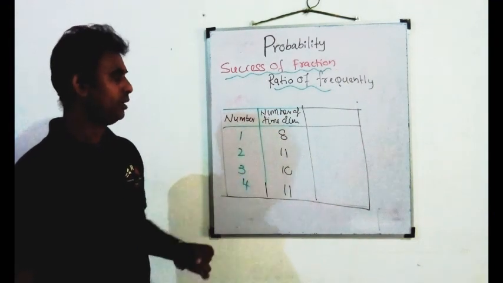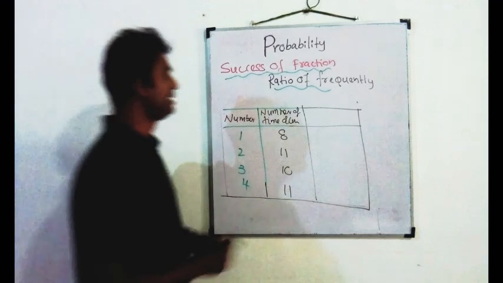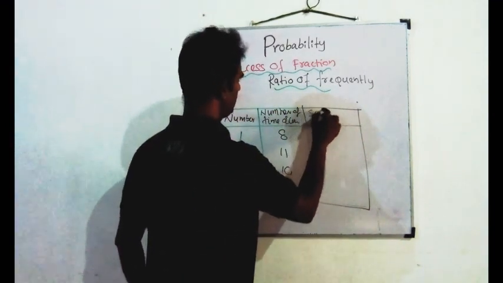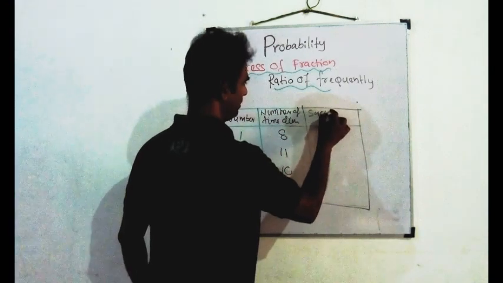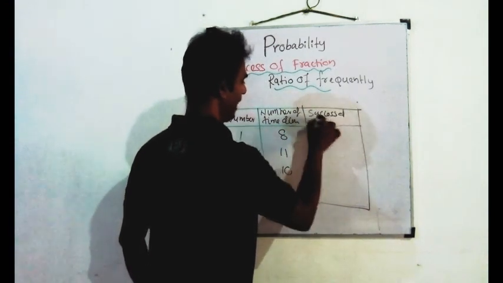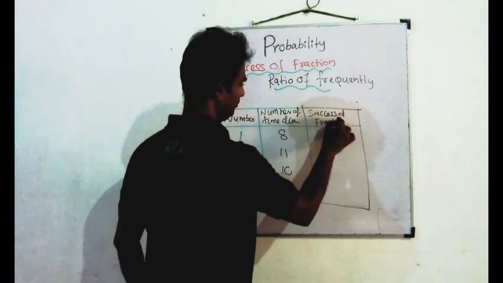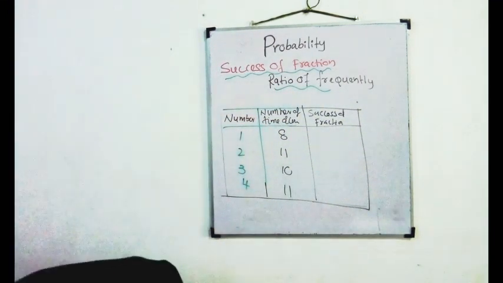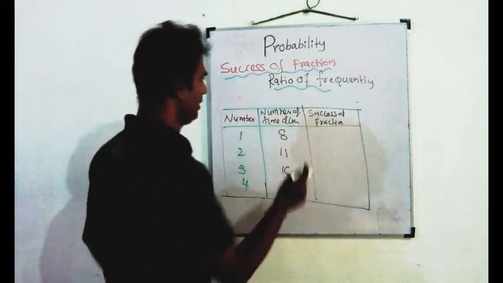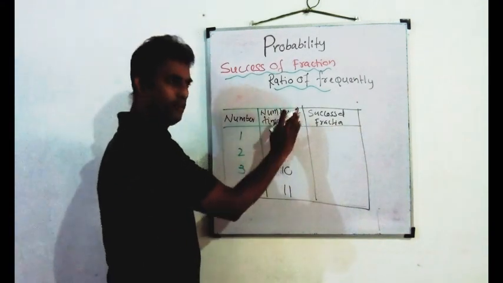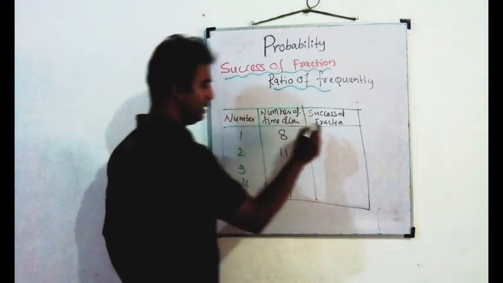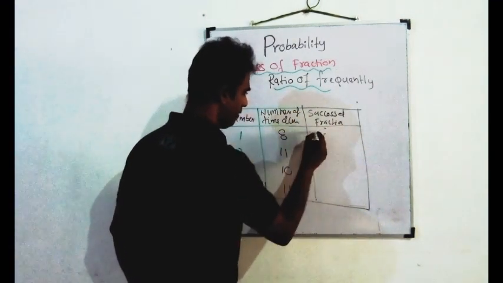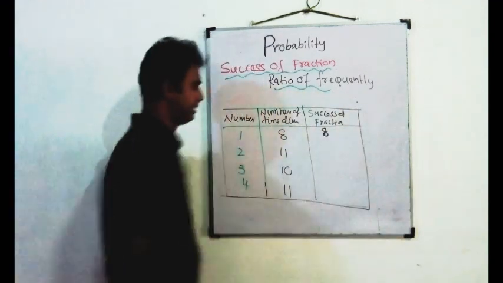Next, we want to find the ratio of frequency, the fraction of success. How do we find it? Above the line, what happened? The event occurred. How many times did this event occur? 8.